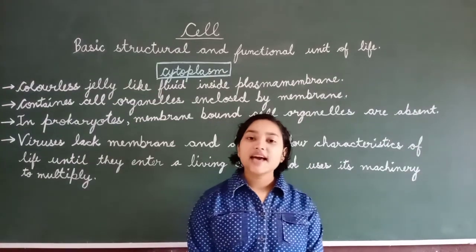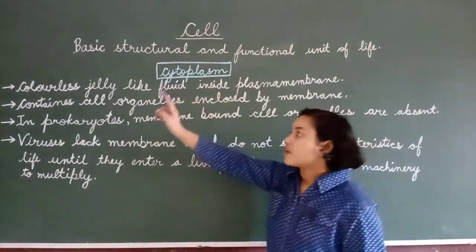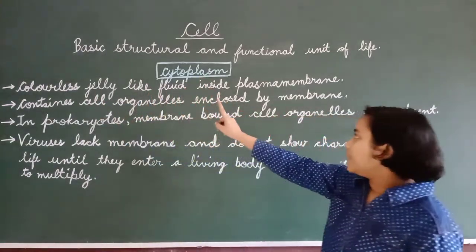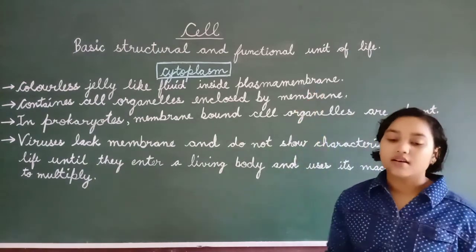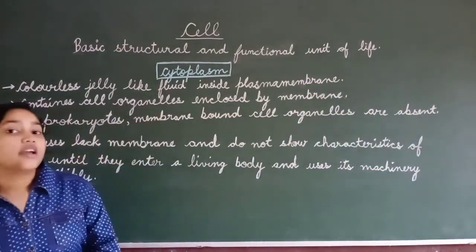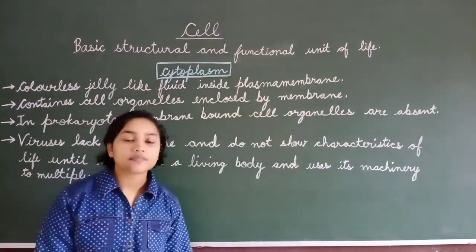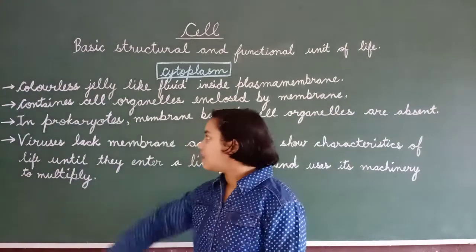Now we come to the next structure of the cell, and that is the cytoplasm. Cytoplasm is the colorless jelly-like fluid which is present inside the plasma membrane.